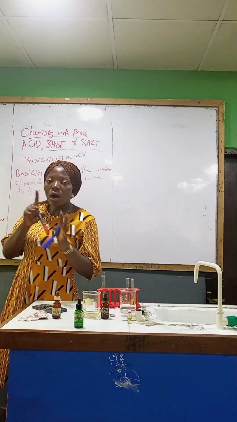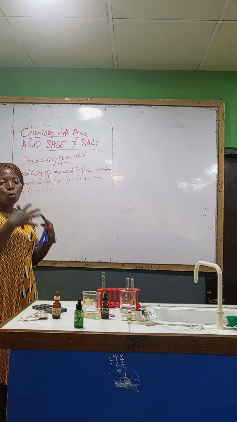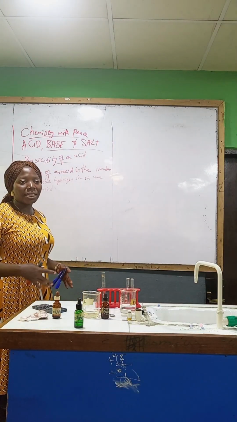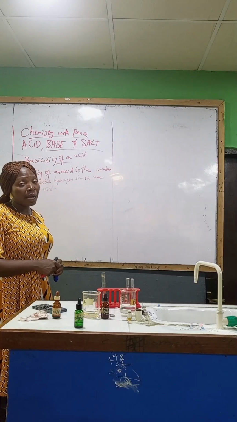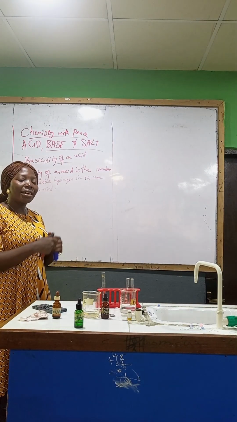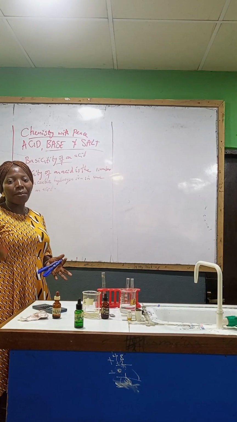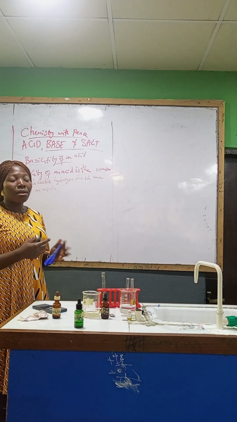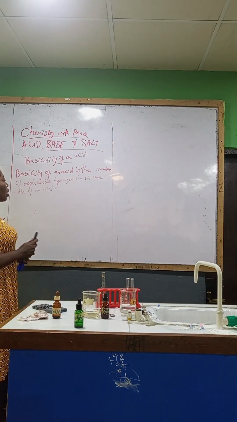So when there is only one replaceable hydrogen ion, we say that the acid is monobasic. When there are 2 replaceable hydrogen ions, we call it dibasic. When there are 3 replaceable hydrogen ions, tribasic. And then it continues that way.